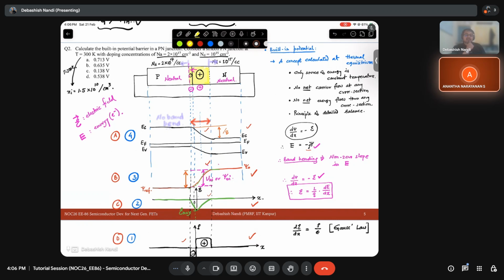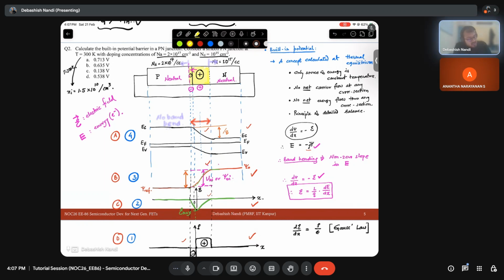Yes, carrier movement will be there. But then what about the equilibrium condition? Does it get violated? No, it does not, because the net carrier movement will still be zero. There will be current flows due to carrier movement, but they get cancelled. The drift and diffusion components cancel each other, right? Yes, sir. Do this mathematically and check.